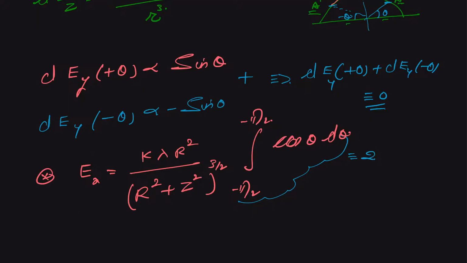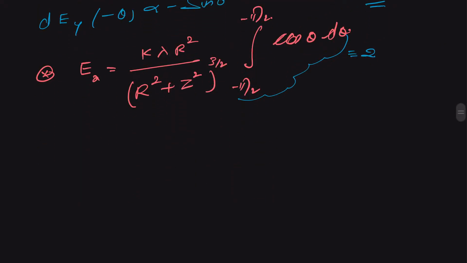Therefore, we can write the electric field in the x direction will be equal to 2k lambda r square divided by r square plus z square to the power 3 by 2.